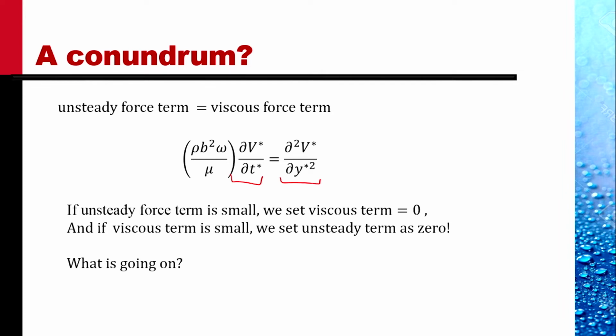If the unsteady term is small, we claim that the coefficient is small, and we set the viscous forces to be small. Now, isn't this rather strange? If unsteady force is small, we should set unsteady forces to be 0 and not viscous forces to be 0. So, what is going on?